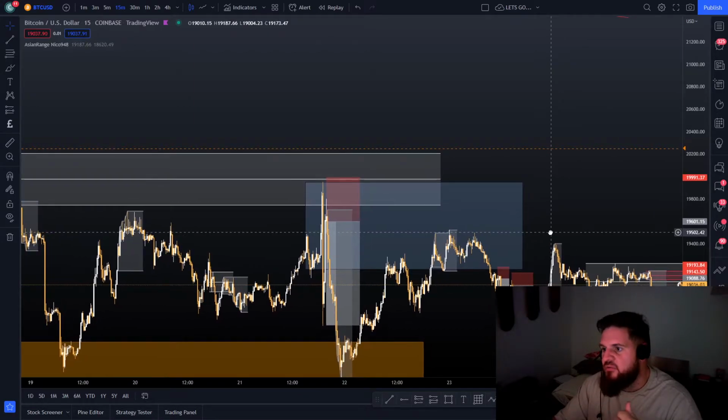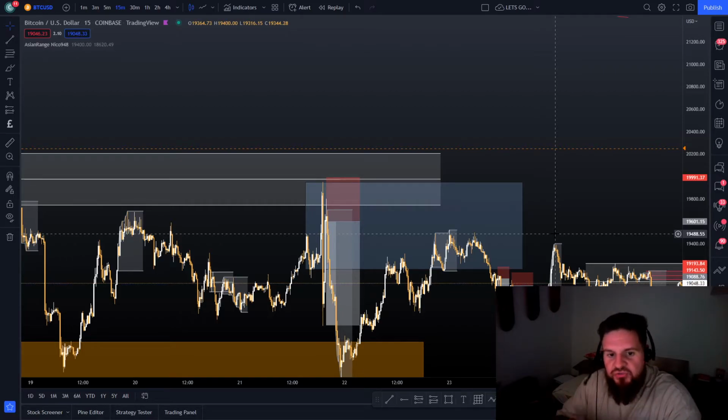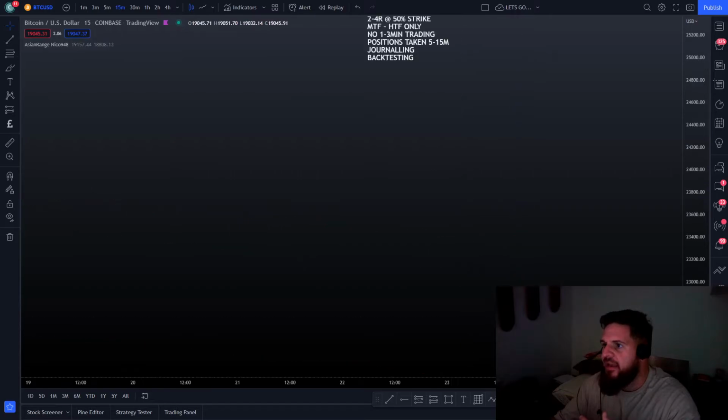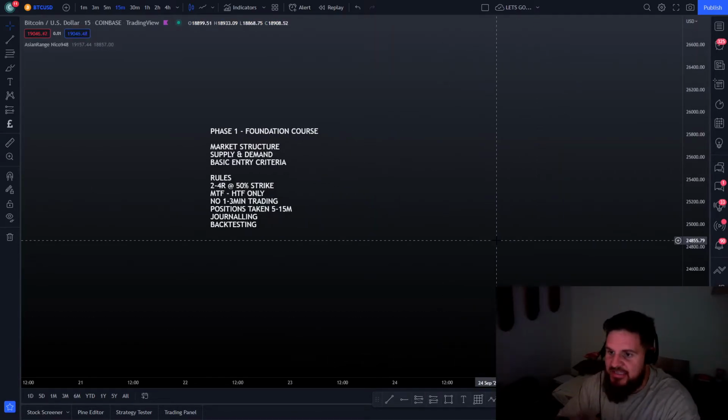This is how you learn in the markets, and this is how you get better. For any of you who've been in any kind of education in recent years, everything that you learn, you write down, and then you go back and you revise it. This is your revision. This is how you get better consistently. So if you're not journaling already and you are taking trades, you need to start journaling. It's as simple as that.